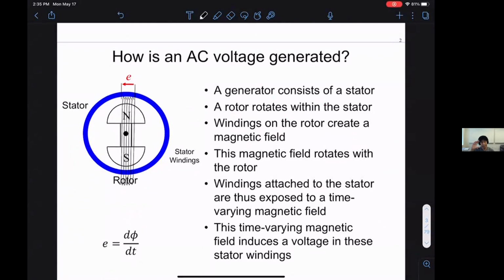Because you're turning this magnet, you generate a rotating magnetic field. And this magnetic field creates an electric field. And this changing electric field shows up across your wires as an AC voltage. So this is the simple idea of how to generate AC voltage. You have a magnet, you turn this magnet, this generates a changing magnetic field. This sets up a changing electric field, and that is voltage if it appears across wires. Any questions about this picture?